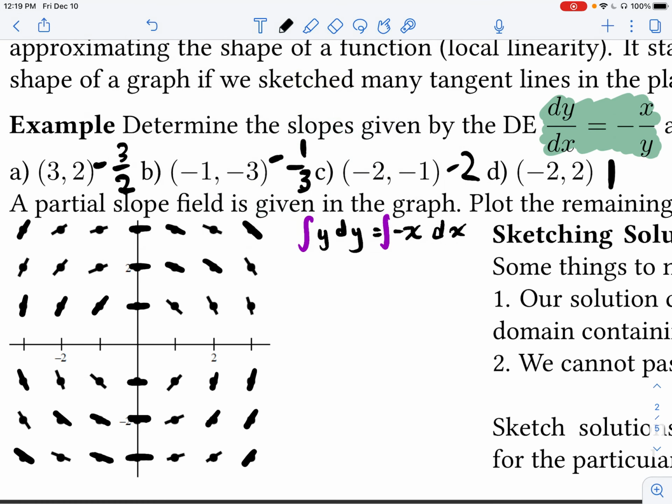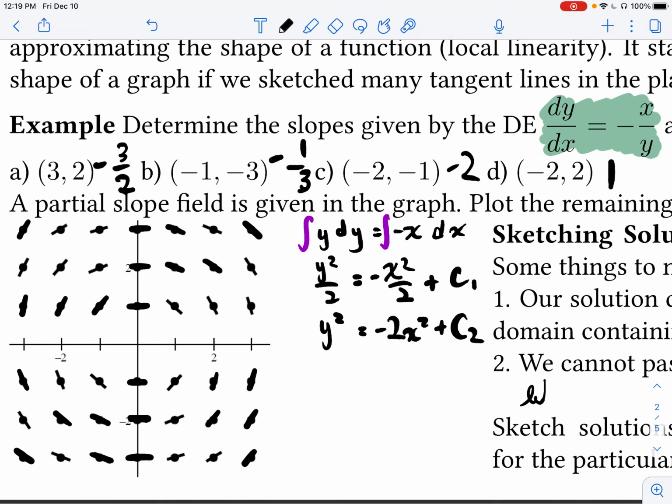And what we have here is y squared over 2 is equal to negative x squared over 2 plus c. Now, I can multiply both sides by 2, and actually let me call this c sub 1. We can multiply both sides by 2, and this would be y squared is equal to negative 2x squared plus c sub 2, where c sub 2, I'll just write that. Let c sub 2 be equal to 2 times c sub 1.